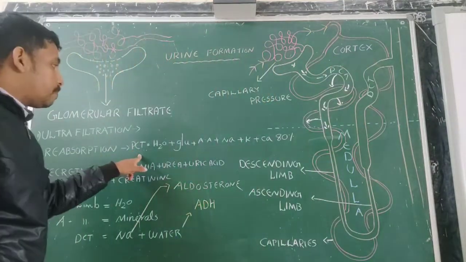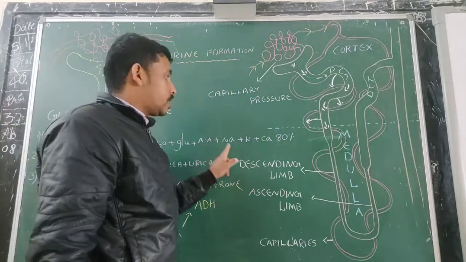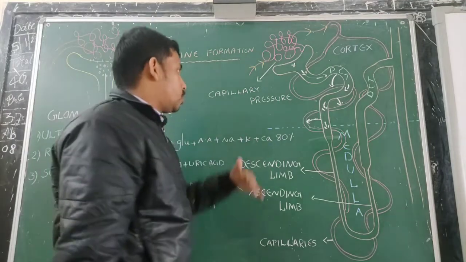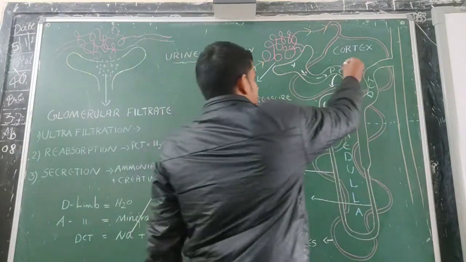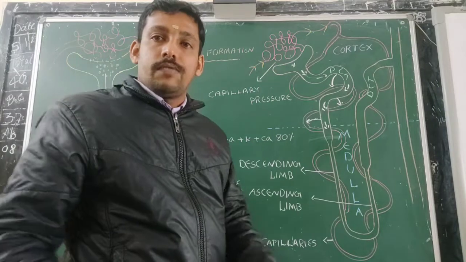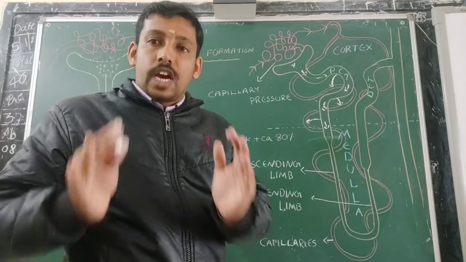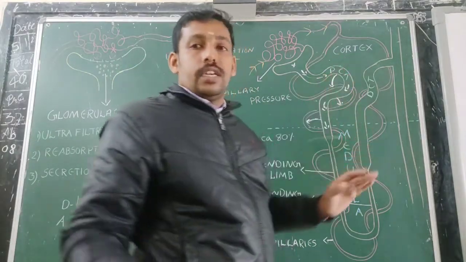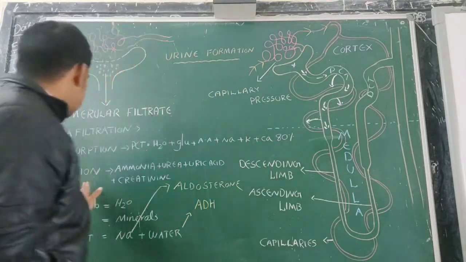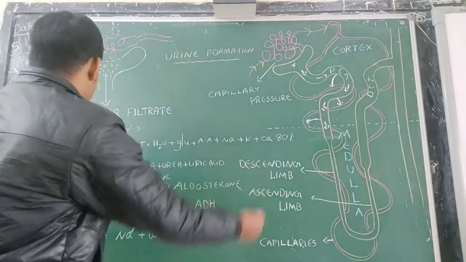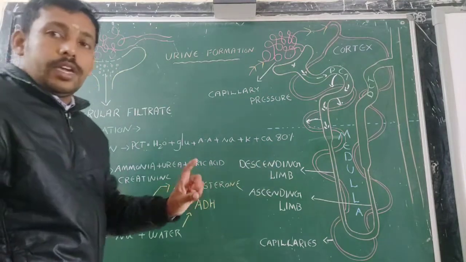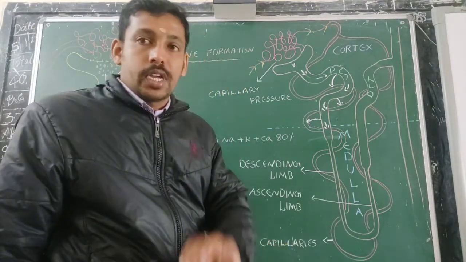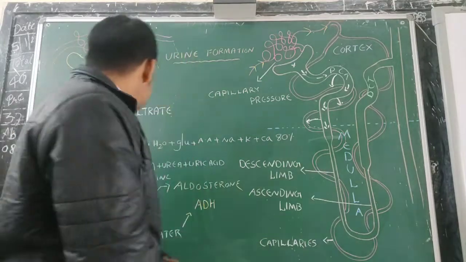In the case of the PCT, water, glucose, amino acids, and minerals such as potassium, sodium and calcium are reabsorbed. Around 65 to 80% of the glomerular filtrate is reabsorbed from the PCT itself. Then what about the descending limb? In the descending limb, water is reabsorbed, because the descending limb is permeable to water.